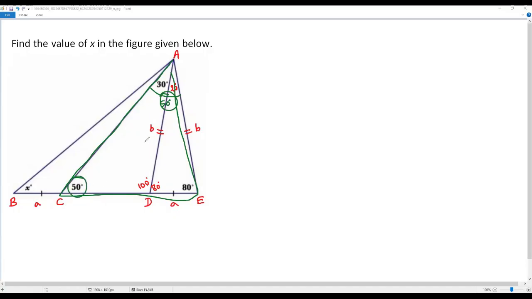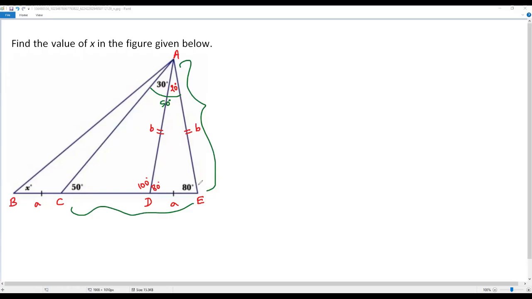This triangle ACE is an isosceles triangle because the two interior angles are equal. Now let's consider the two sides which are opposite to the interior angles of equal measure, that is 50 degrees. Let's consider the side CE, which is opposite to the interior angle of 50 degrees, and also the side AE, which is opposite to the interior angle of 50 degrees. So since CE and AE are both opposite to the interior angles of equal measure, they must be equal.